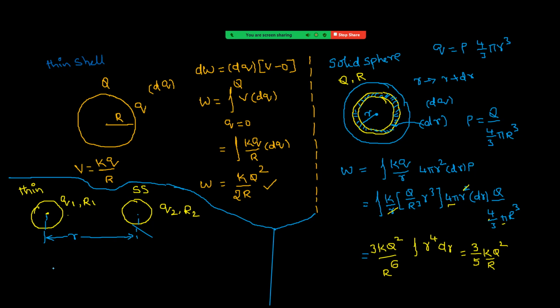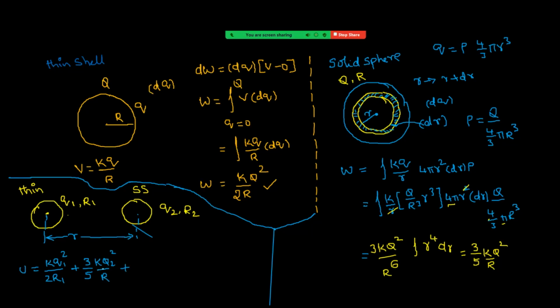Then we are taking potential energy equal to their self energies. For the thin shell, k q1 square by 2 r1, the self energy of that thin shell. Next, the self energy of the solid sphere, that is 3 by 5 k q2 square by r2.